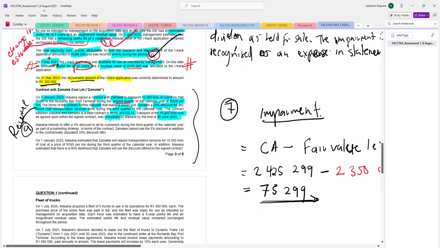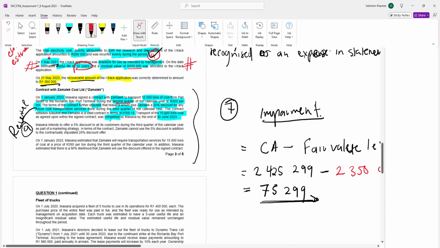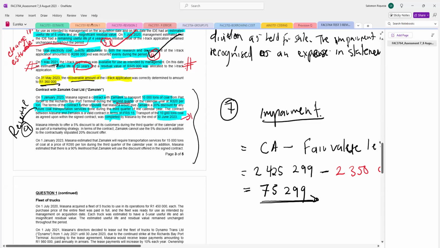So basically the performance obligation was satisfied. This is where we say performance obligation was satisfied. Okay, on 30 June 2023, which is our year end. Then we continue.